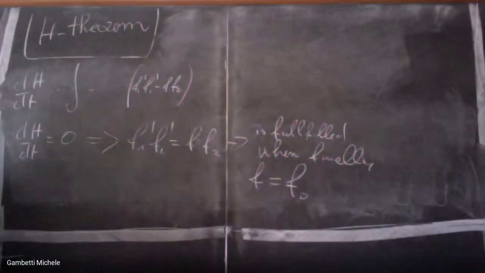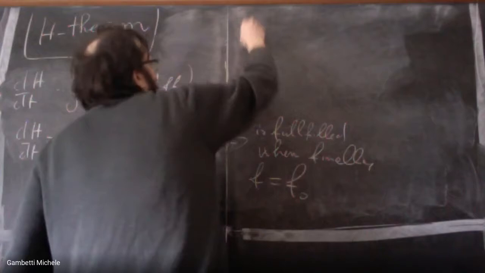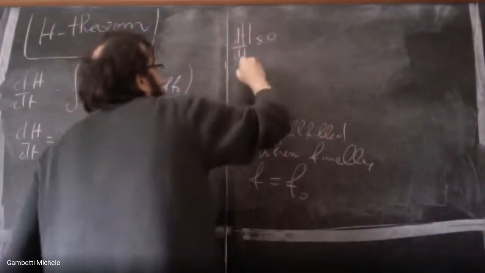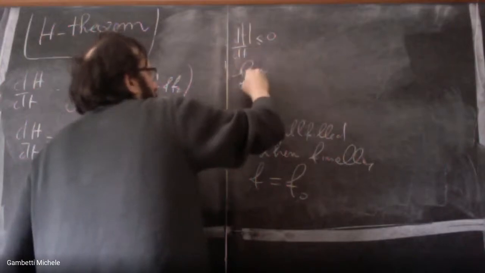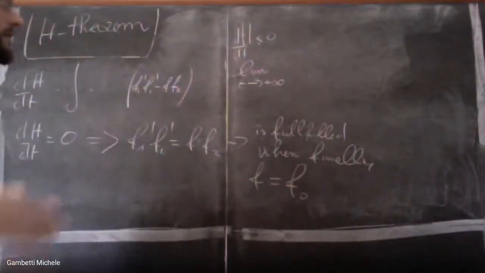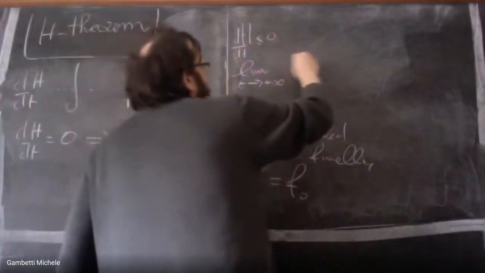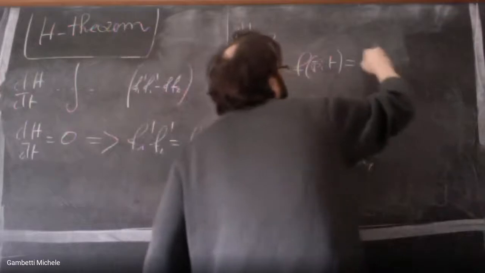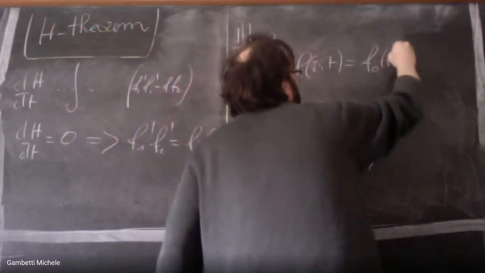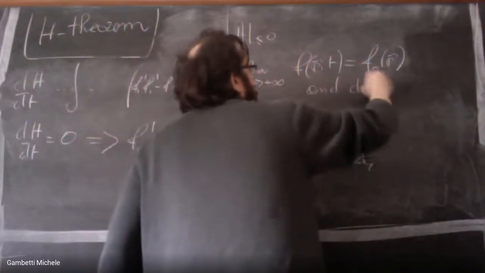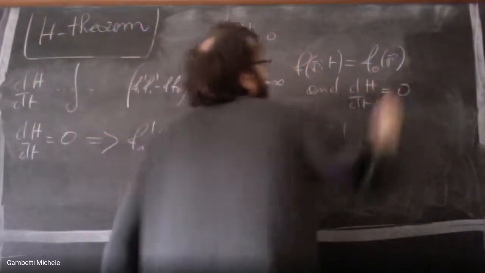So I see here that the derivative of h with respect to time is less than 0, and then in the limit of t going to plus infinity, at some point this derivative is 0, and when the derivative is 0, the f is actually equal to f0. And dh/dt is equal to 0.